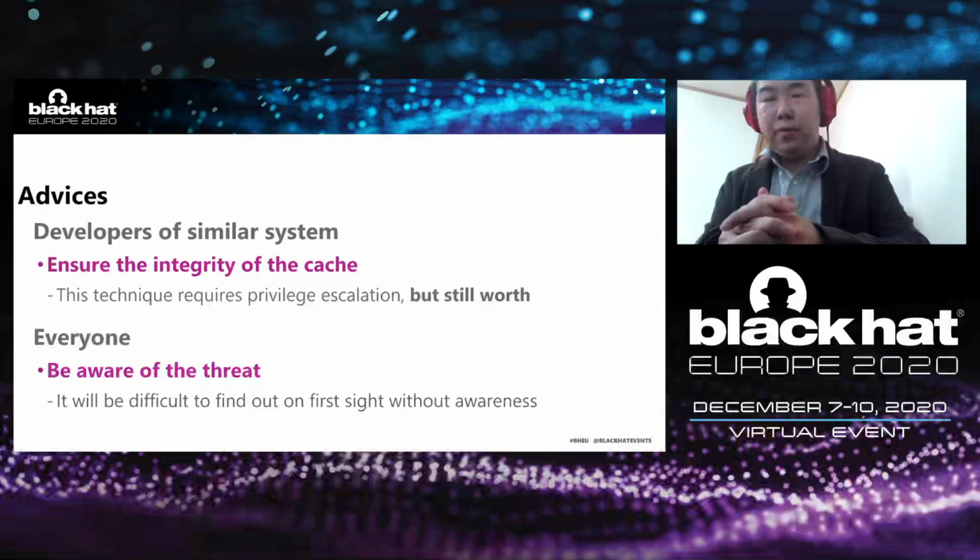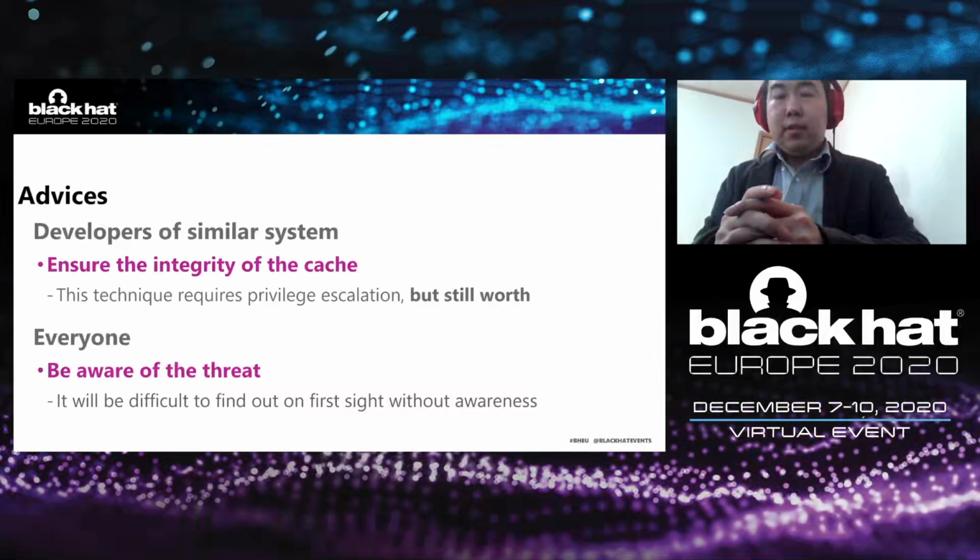What do we have to do based on this? For developers of similar systems, you may have to do something similar to XTA, and it will be an interesting target for attackers. So please ensure the integrity of the cache. This technique requires privilege, but it is still worth thinking about.